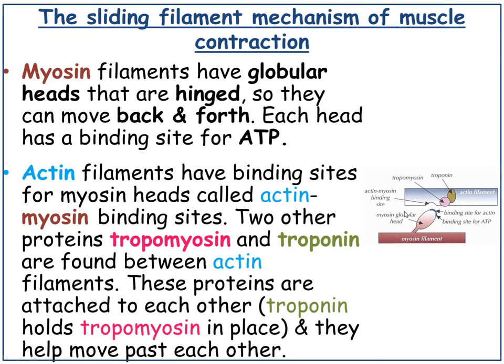And the actin filaments have binding sites for the myosin head to bind. They also have two other proteins, tropomyosin, shown here in pink, and troponin, shown here in green. They are found between the actin filaments, and these proteins are attached to each other, so the troponin holds the tropomyosin in place.